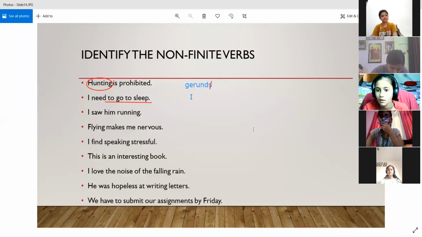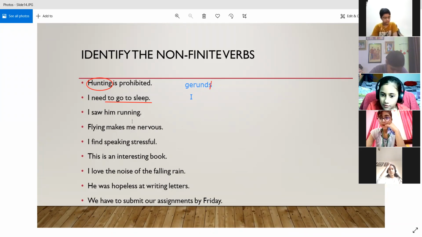Yes, Vaishnavi. Sir, running will be a participle. Yes. Why do you think running is participle? Because it is showing some kind of action, and moreover, it is telling us in which condition I saw him, right?